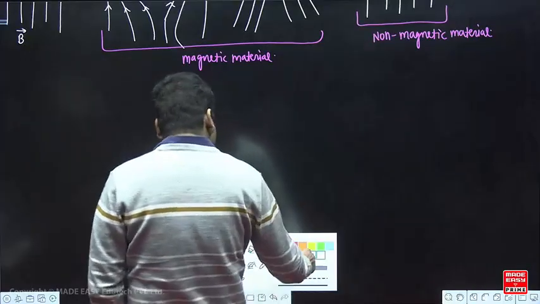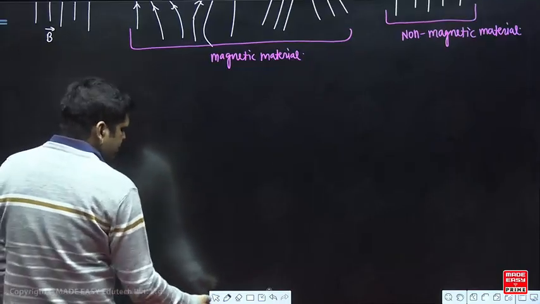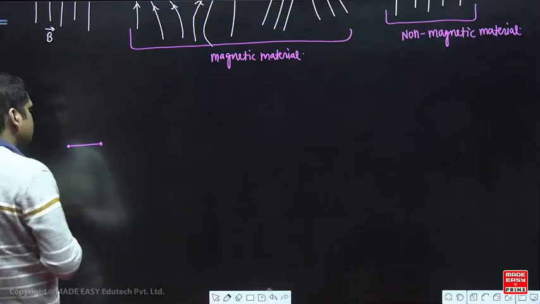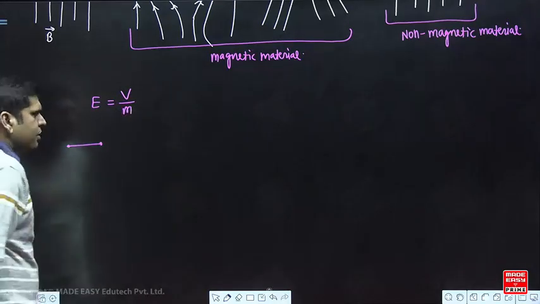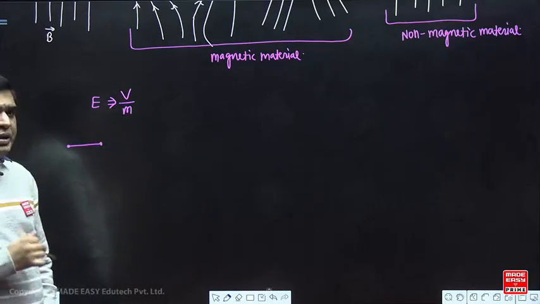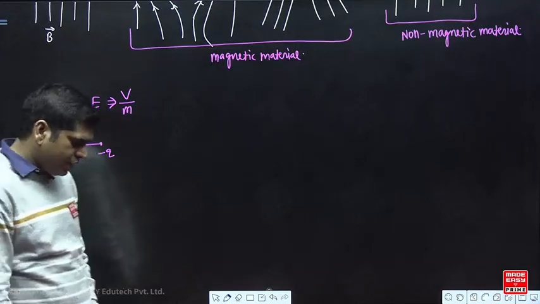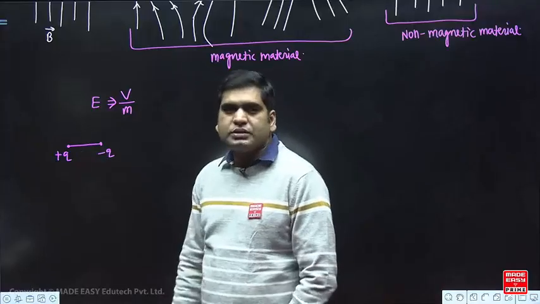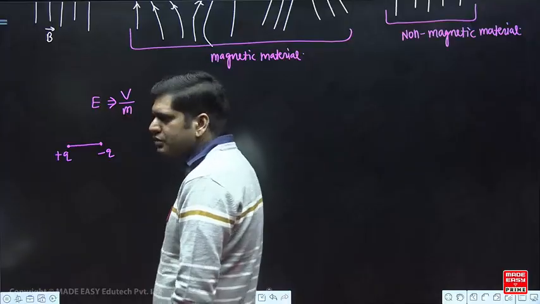There is a difference between electric dipole and magnetic dipole. Electric field is defined as voltage per unit length, volt per meter. So voltage can exist even in an open path, and that's why an electric dipole is like this, plus Q and minus Q, two charges separated from each other.